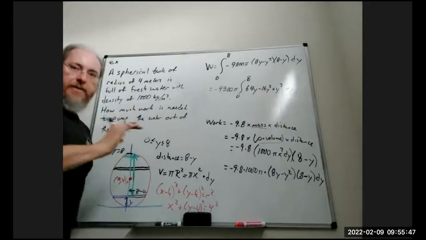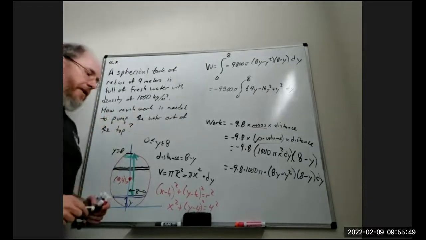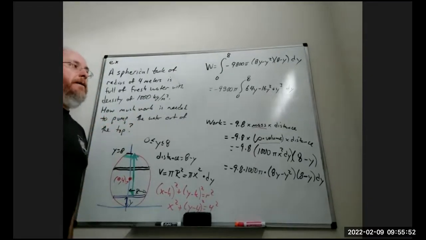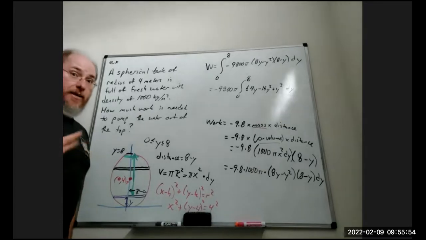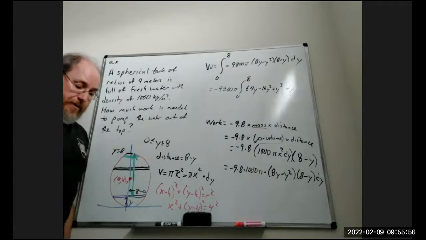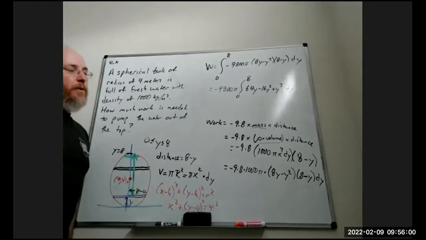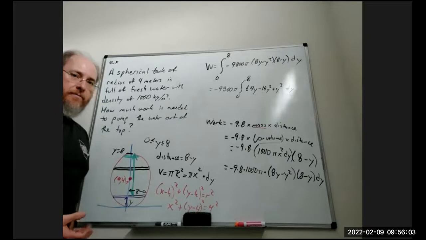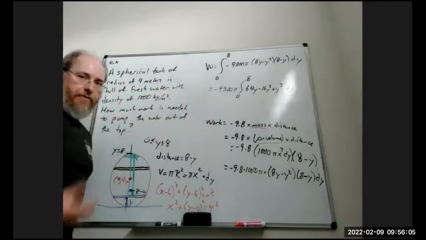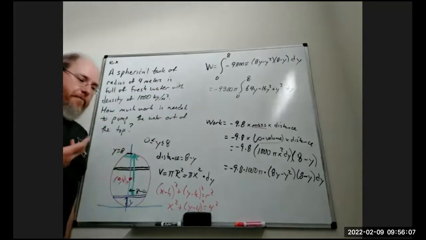I'm going to leave this one here because again, we can get a value, but the value itself doesn't really matter. I want you to think about this in a real-world scenario. The fact that gravity is doing negative work, so we have to do positive work, should make sense.